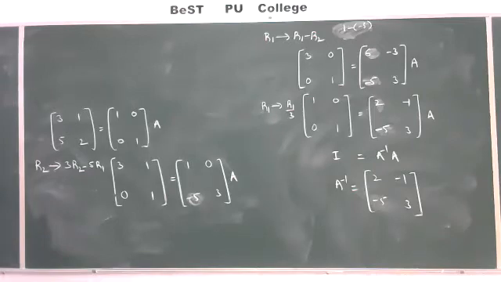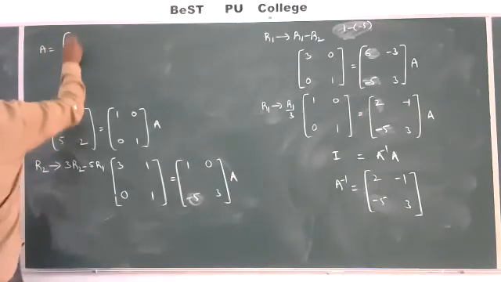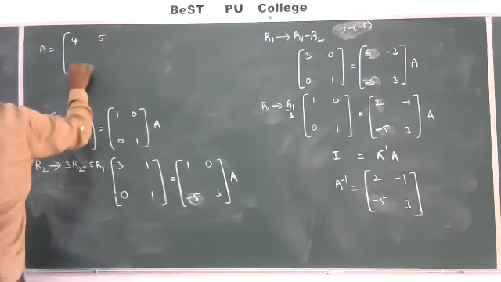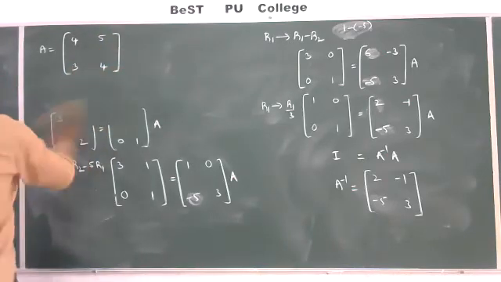Next, 8th problem. 4 5 3 4. A is equal to matrix 4 5 3 4. This is the matrix given.